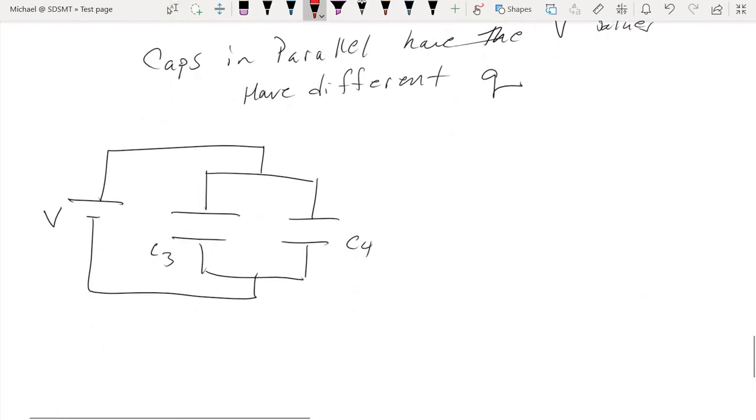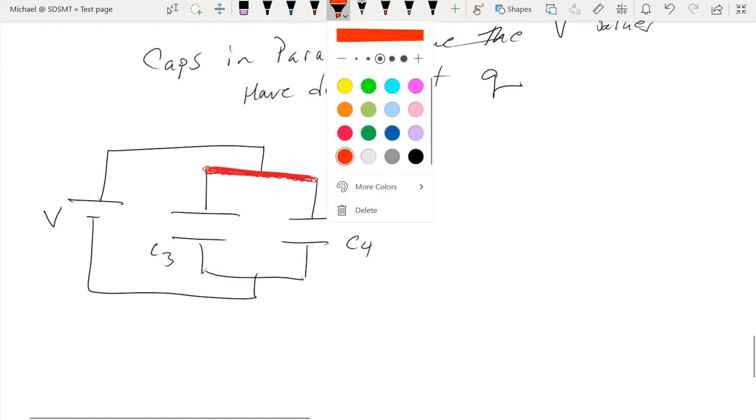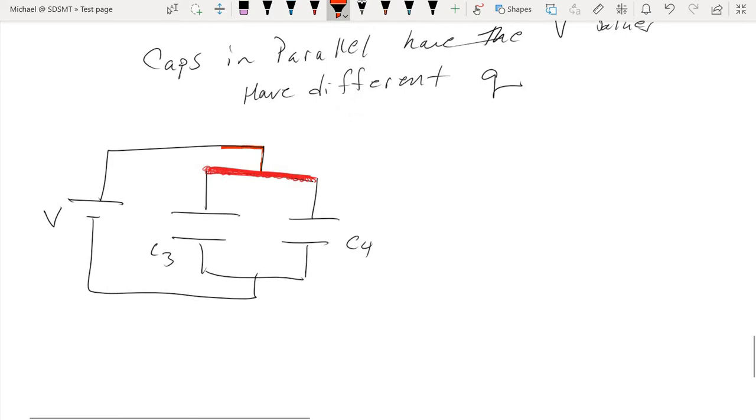Now, if our capacitors are connected at the same point at the top, well, what is that point up here? Especially now that we can see that it is connected to the top of the battery.